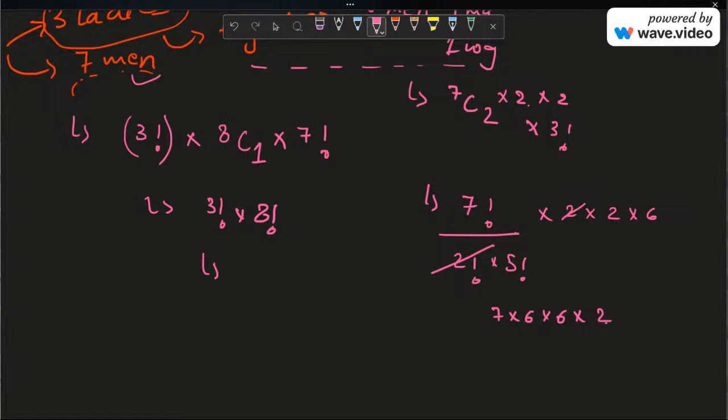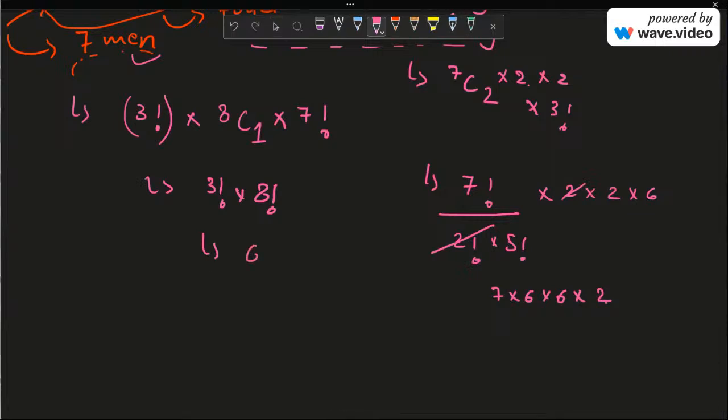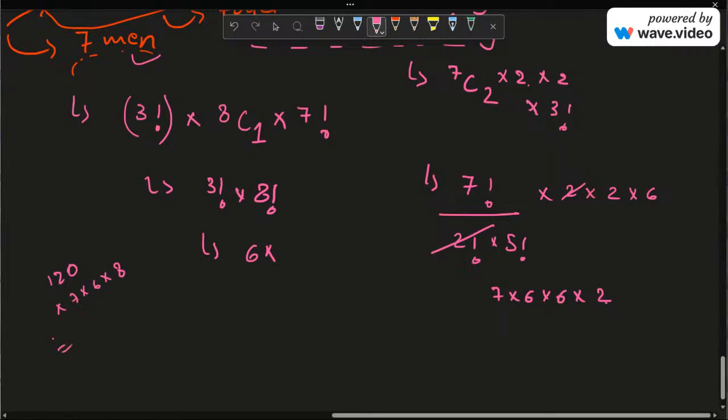Let me check if the final answer matches. 3 factorial into 8 factorial is 6 into 8 factorial, which will be 120 times 7 times 6 times 8.